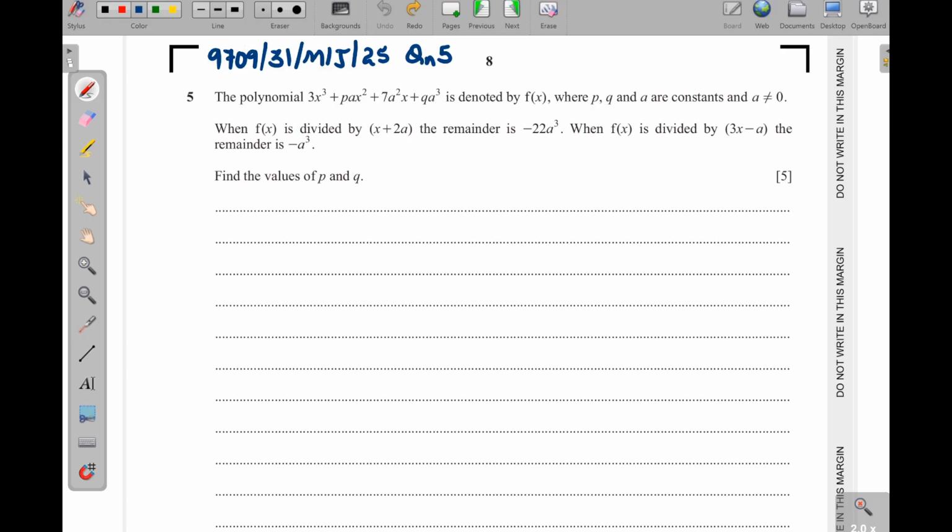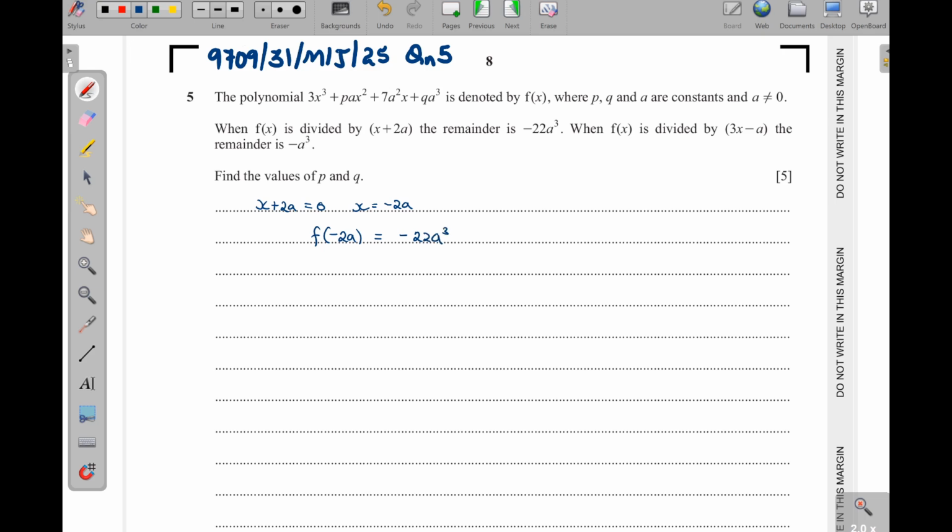So now using the factor remainder theorem, when you equate this one to 0, x is going to be equal to negative 2a. Now we shall put f of negative 2a, we equate it to the remainder, which is negative 22a cubed.